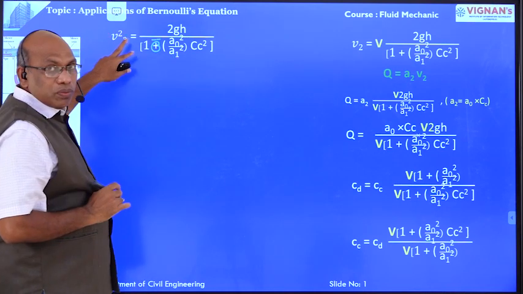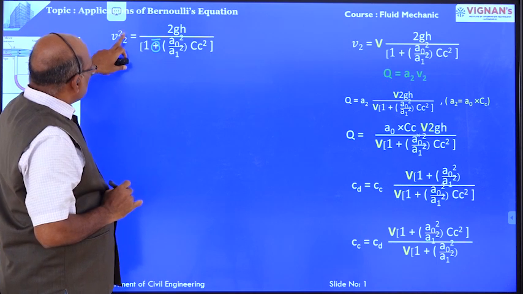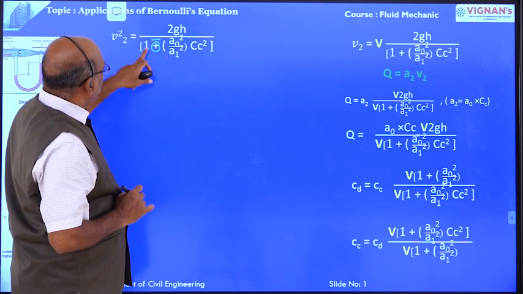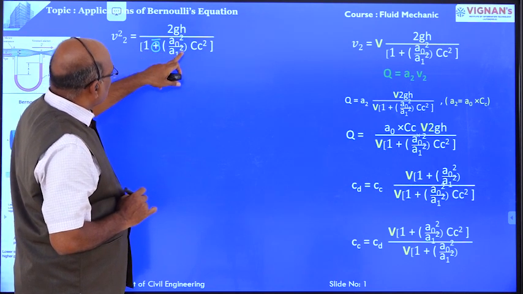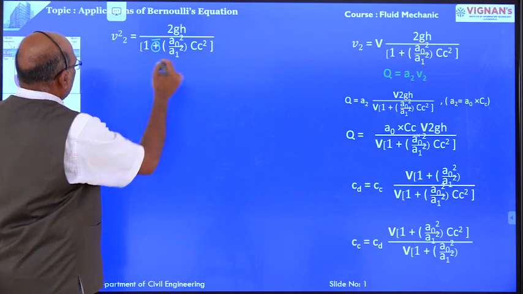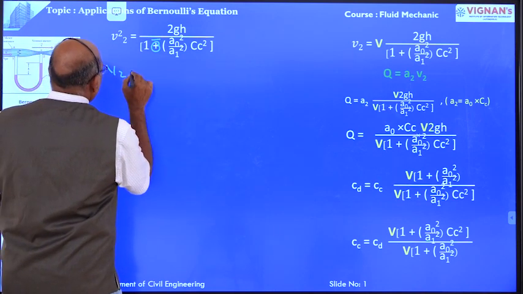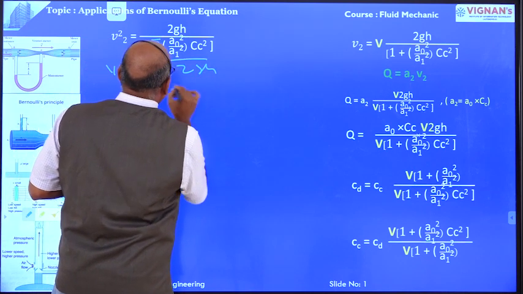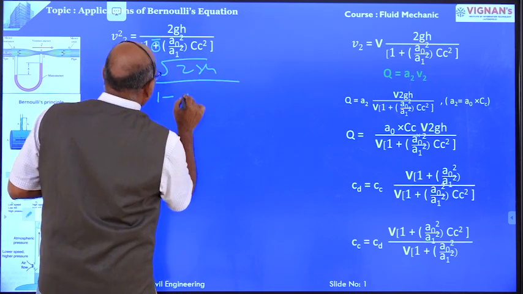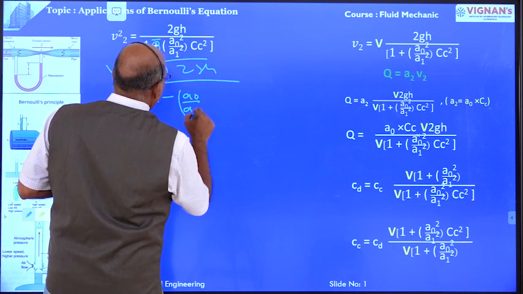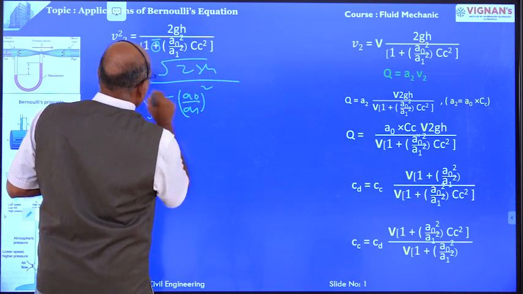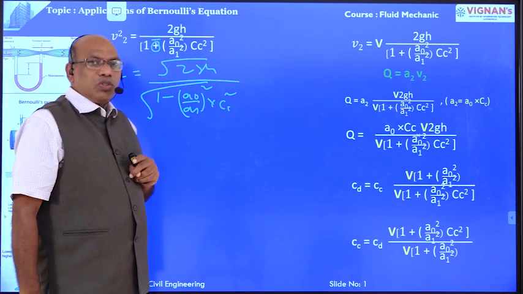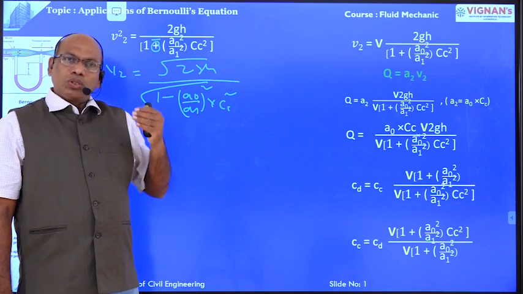Last class we had this relation: V2 is equal to the square root of 2gh divided by 1 minus (A0 by A1) square into Cc square. Now we want to determine the rate of flow through the orifice meter.